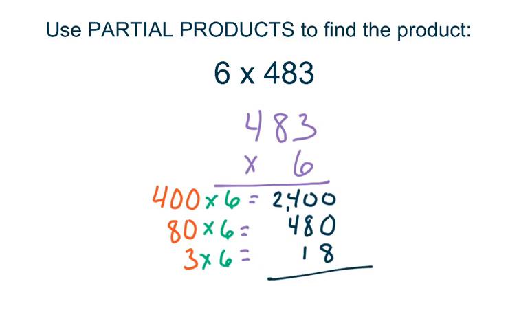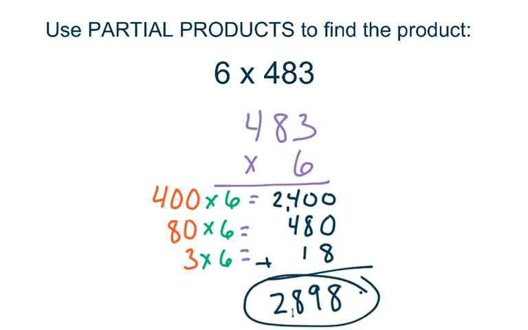This is probably the easiest method to use when you're actually adding your partial products, because they're all vertical for you guys, and we tend to like adding vertically more than we like adding horizontally. So this way I can add pretty quickly. I don't really have to do anything mentally because it's right there in front of me. And I get 2,898 as my actual product.